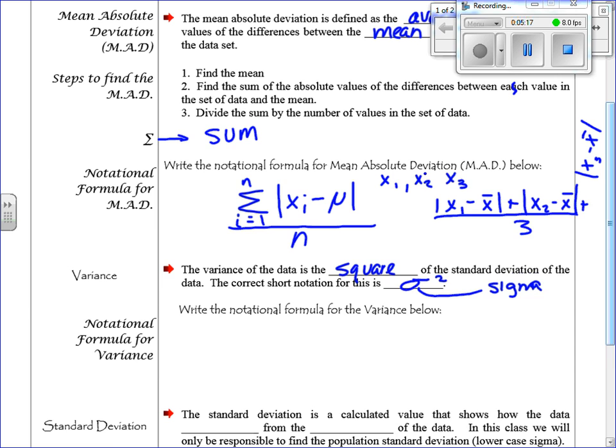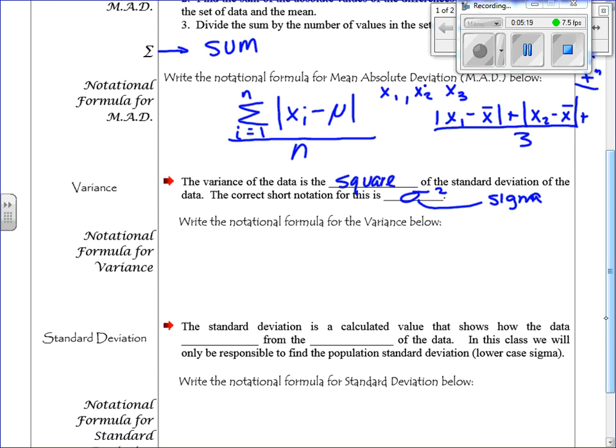All right, so the notational formula for variance, what we have is variance equals, it's again the sum, okay? So basically we're adding a lot of these values up. The limit is from 1 all the way up to the total number of values.